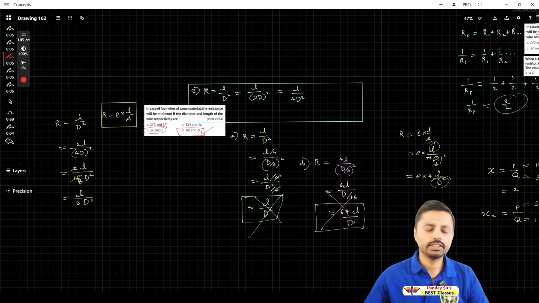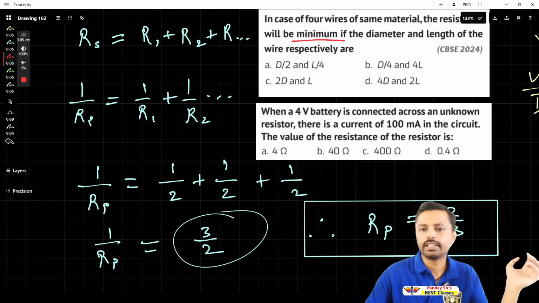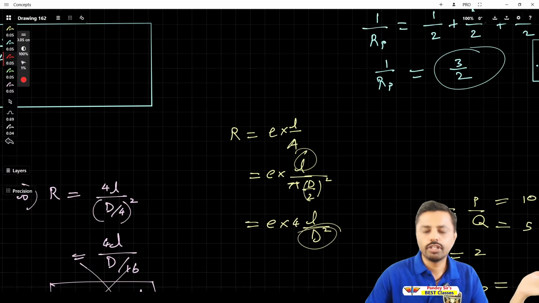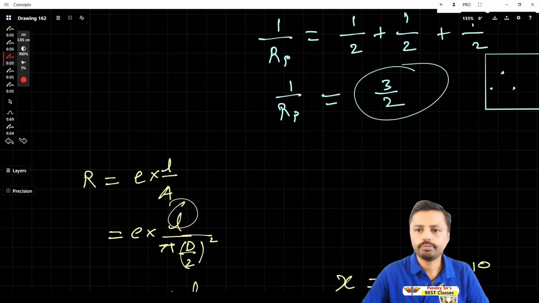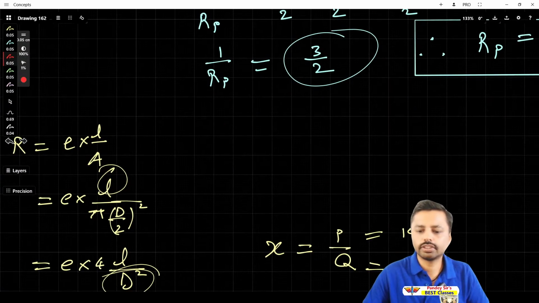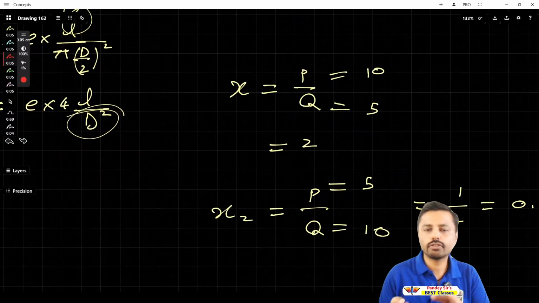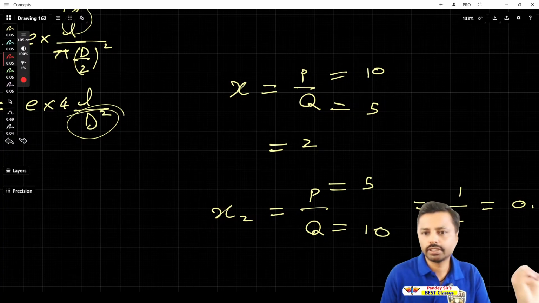Okay, this is a trick. Whenever they are giving a fraction like this and they are asking to find whether the value is big or small, like here, which one is big or small, or here we have to find whether R will be big or small, there's a simple trick. Listen, whenever you get a fraction and you want to find which number is big or small, keep one simple thing in mind.